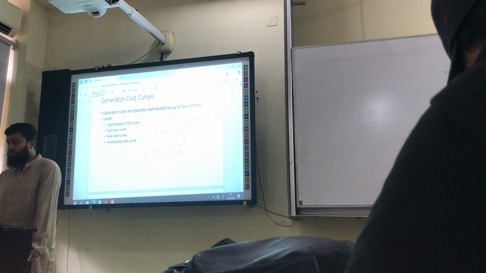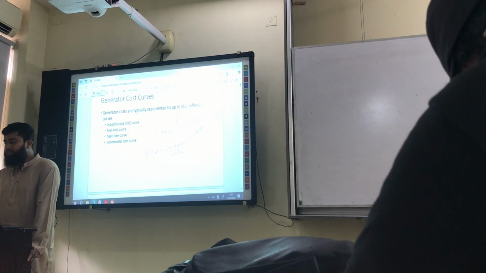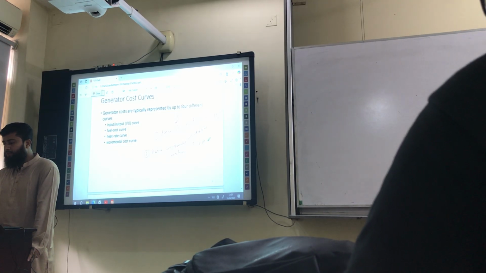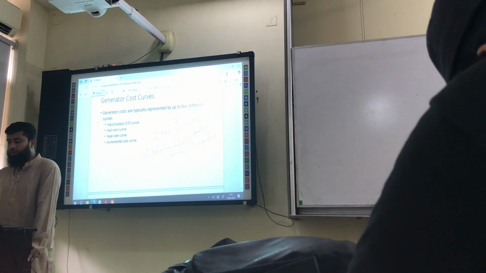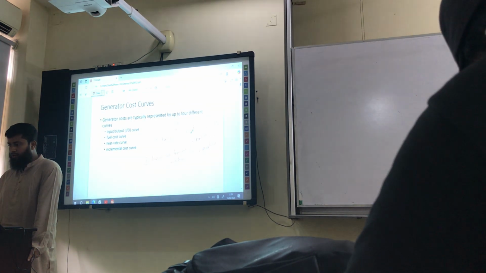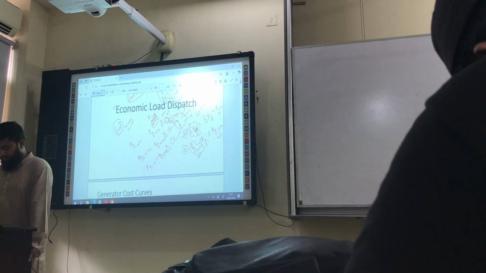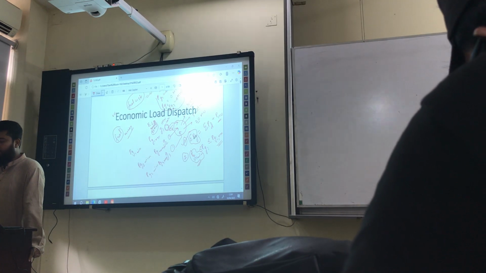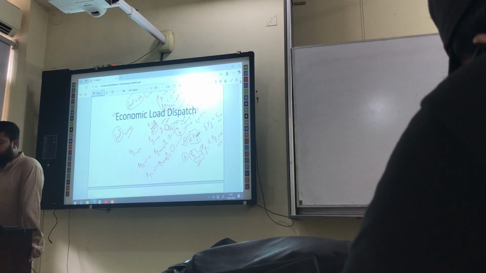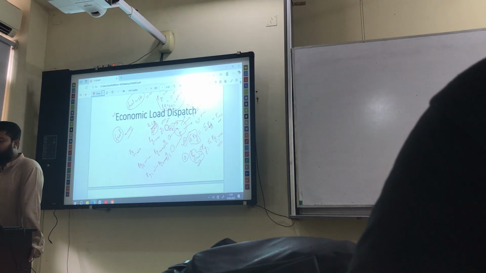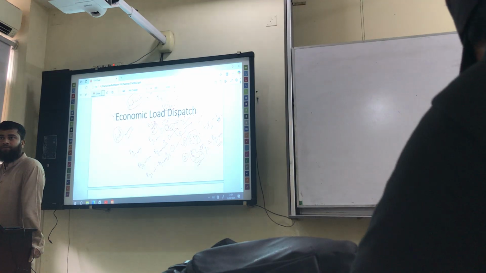This constraint can be an equality type constraint or an inequality type constraint. So what is an equality type constraint? Here, the first point: the summation of power generation should be equal to the summation of load demand plus loss, right?